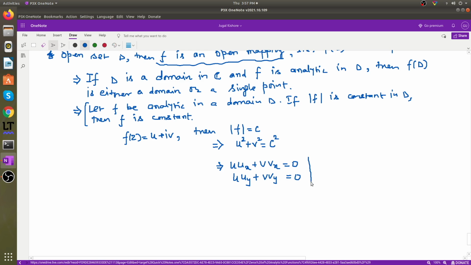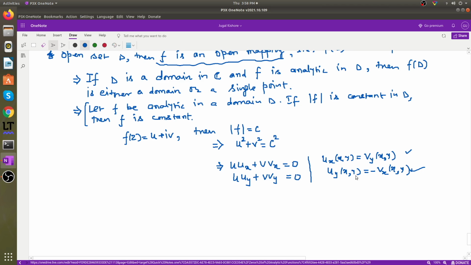Also it is given that f is analytic in domain D. So if f is analytic in domain D, it means f should satisfy the Cauchy-Riemann equations, that are ux(x,y) = vy(x,y) and uy(x,y) = -vx(x,y). Since f is analytic, it should satisfy these CR equations.